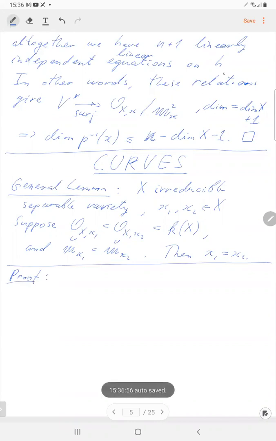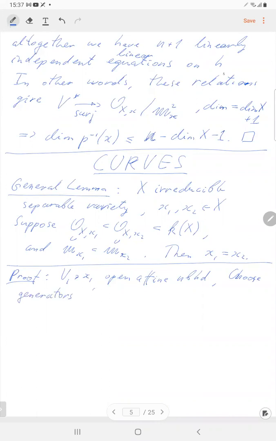So let's take an open affine neighborhood of x1. And let's choose generating functions, say f1 and so on, fn, over regular functions on this neighborhood.